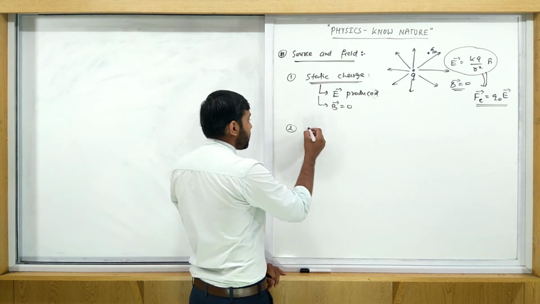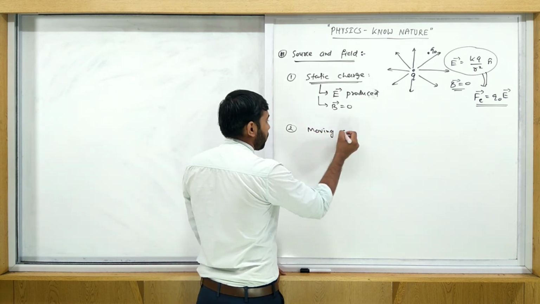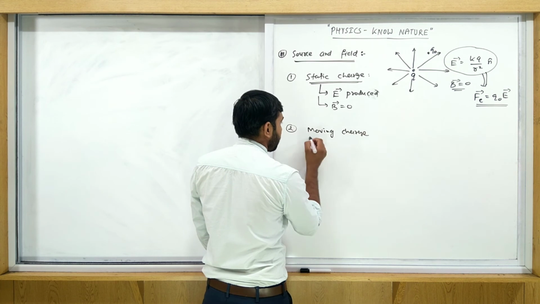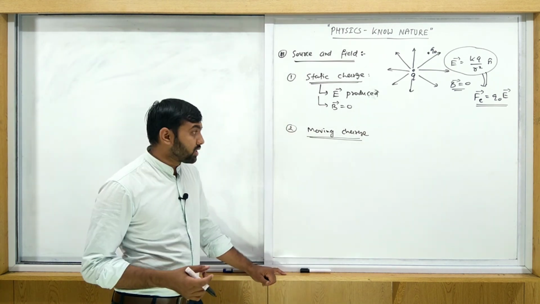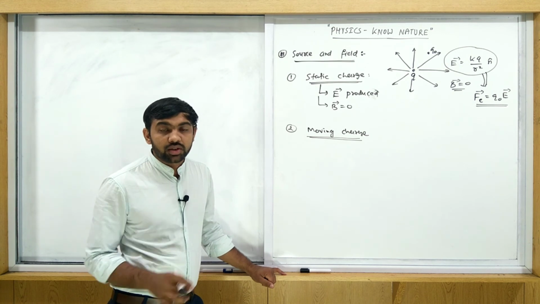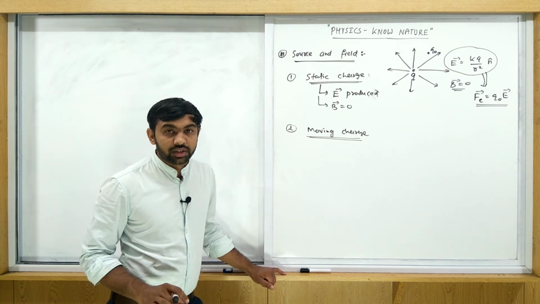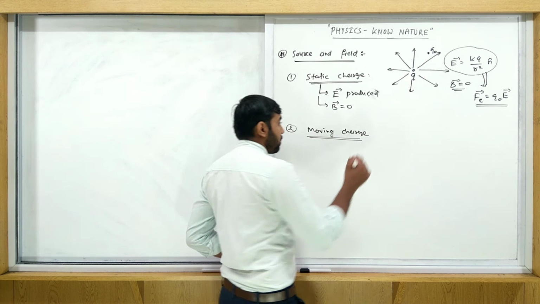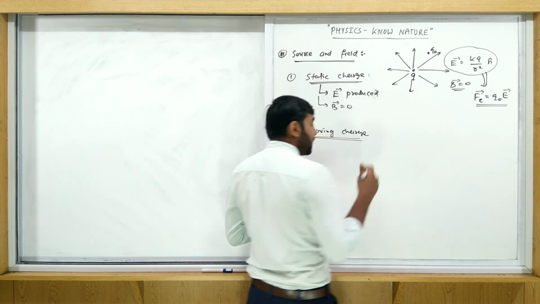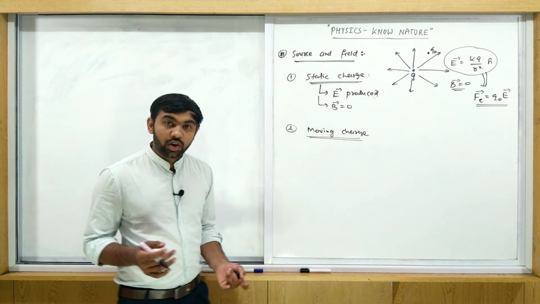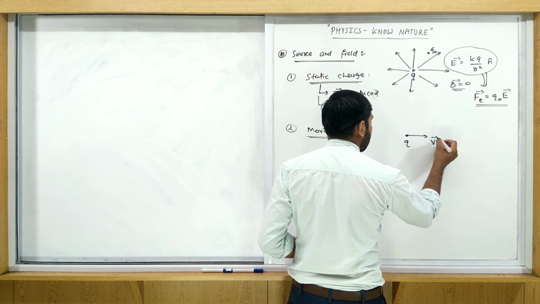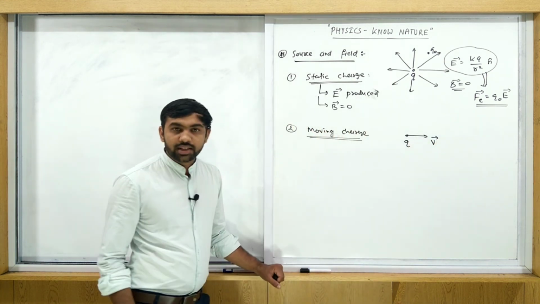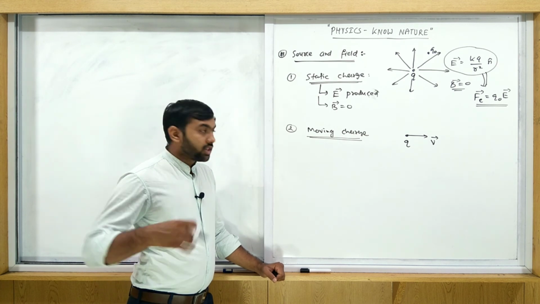But if you consider a moving charge, there are two cases: the charge is moving with a constant velocity, or the charge is moving with a constant acceleration. If you consider V is present, the charge is moving with some speed, velocity, then it produces a current.